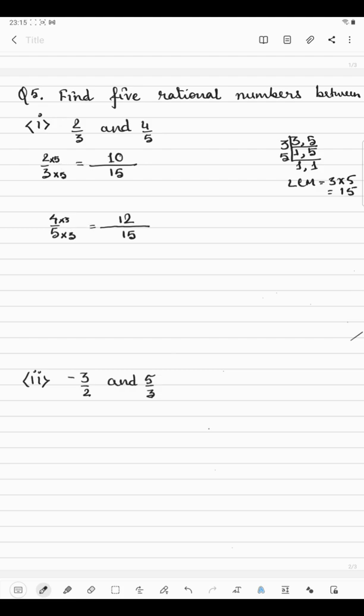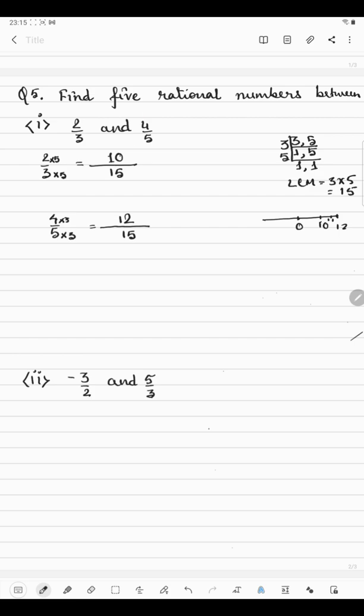Now see, here we have got 10 by 15 and 12 by 15. So how many numbers are coming in between? If you see the number line and if here is 0, then suppose 10 lies here and 12 lies here. That means in between 10 and 12 only 11 is there, and you will have to make 5 rational numbers.